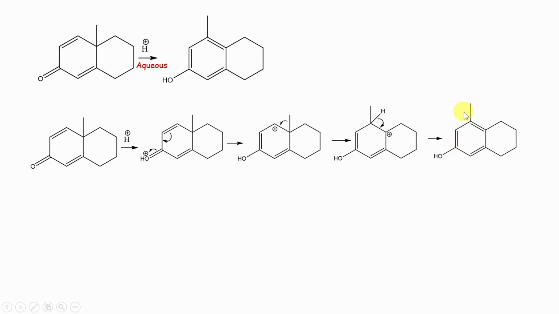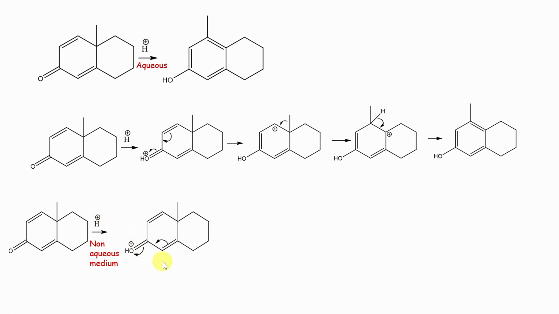A meta derivative of phenol is obtained if we treat this type of substituted dienone with an acid in aqueous medium. But if we take the same dienone in non-aqueous medium by treating with acid, we will get a para substituted phenol. You can see the mechanism like this.